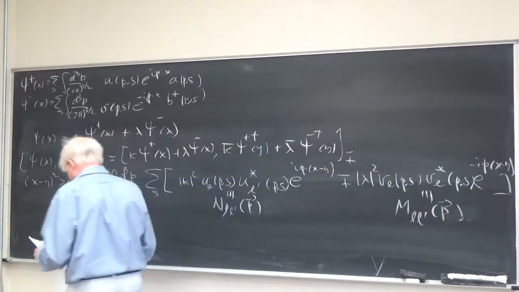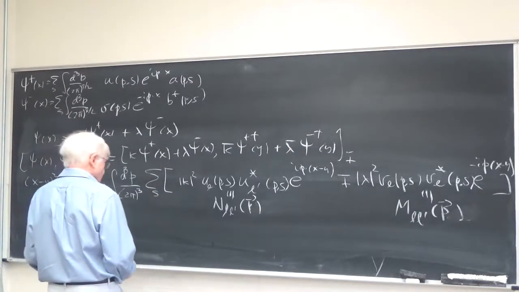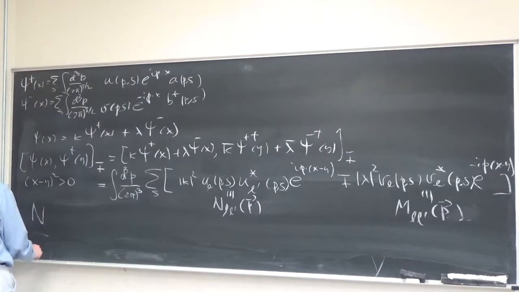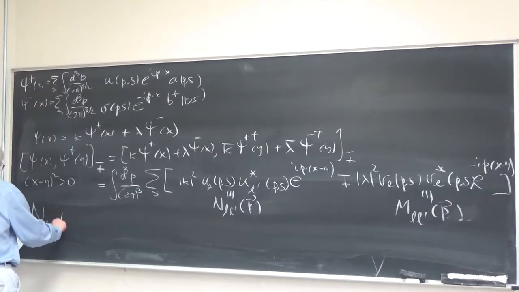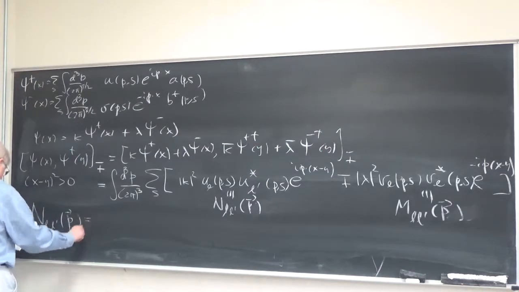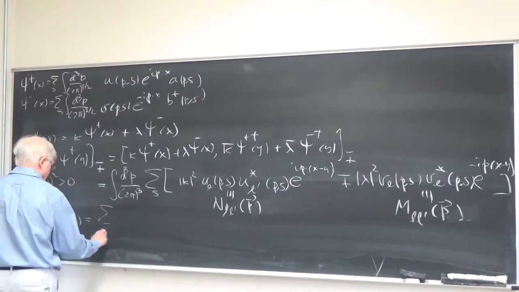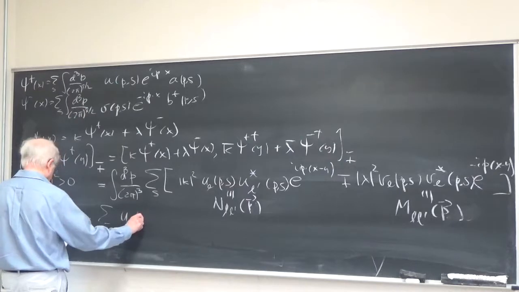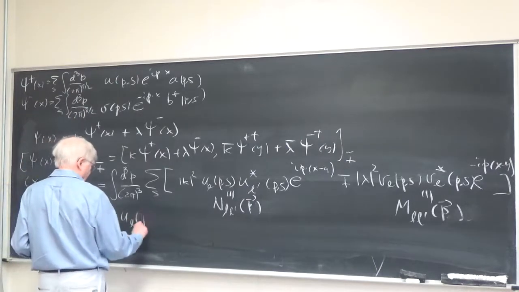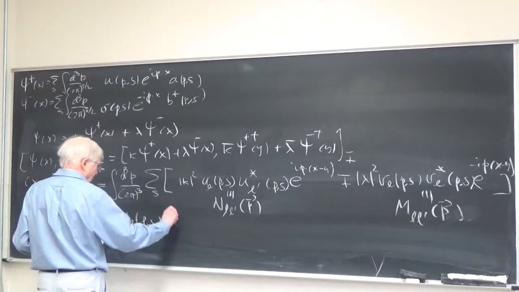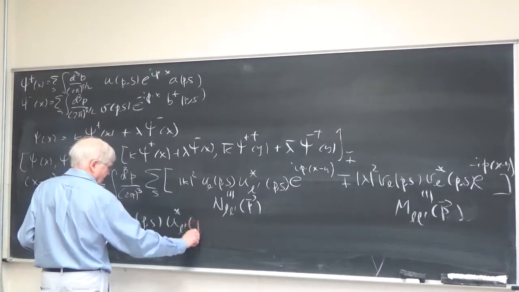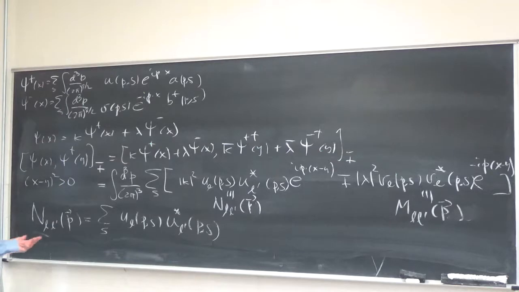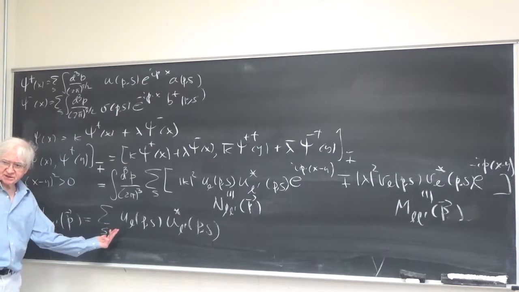So in particular, maybe I should just write that explicitly then. N_ll' of p is the sum over spin, so this is called a spin sum, u_l of p and s, u complex conjugate l' of p and s. So this is basically an outer product of these vectors.